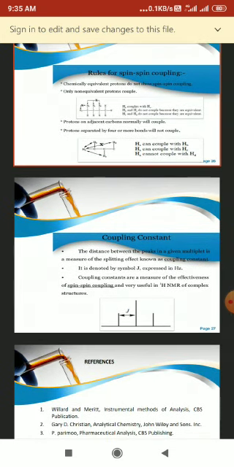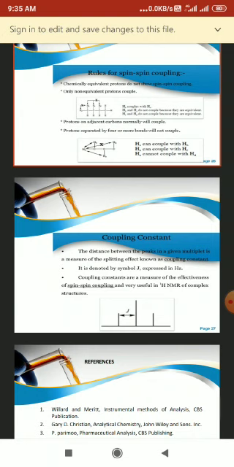First, for protons attached to the same carbon atom, that is geminal protons, the value of J varies from 0 to 20 Hz depending upon the bond angle and overall structure of the molecule. Second, for protons attached to adjacent carbon atoms, that is vicinal protons, J varies from 2 to 18 Hz depending upon the spatial positions of the protons and the structure of the molecule as a whole.